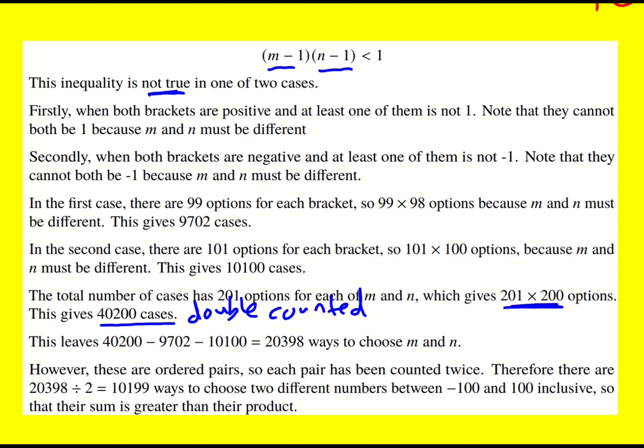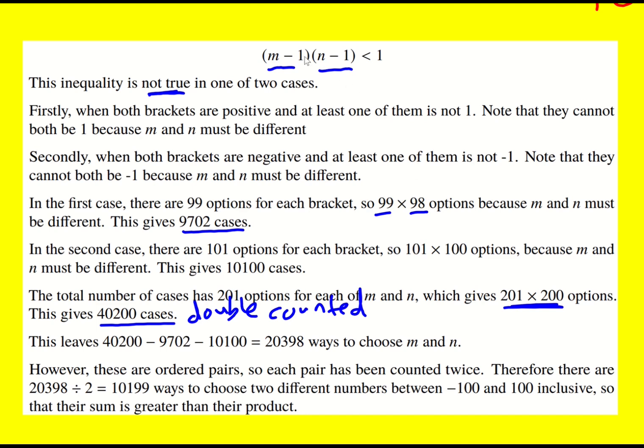So in the first case, there's 99 options for each bracket. That is to have them both positive and not equal to 1. And then the other one has to be different, so that's why it's 99 times 98, which gives this number of cases. Second case, we want them to both be negative and at least one of them not to be minus 1.